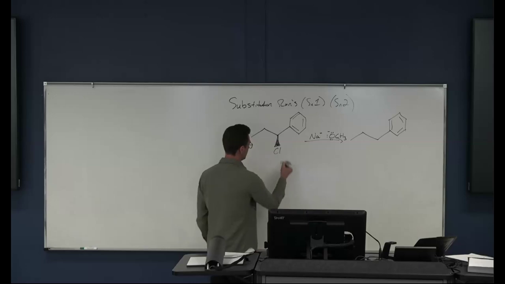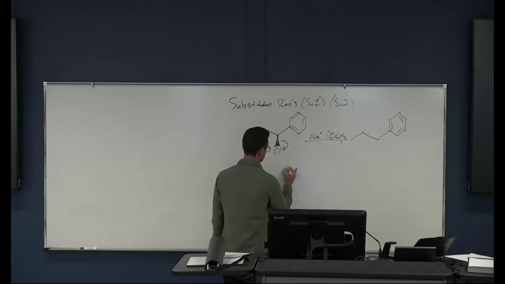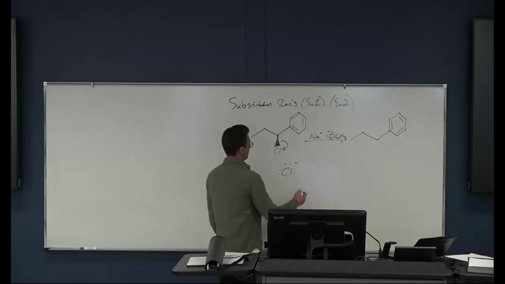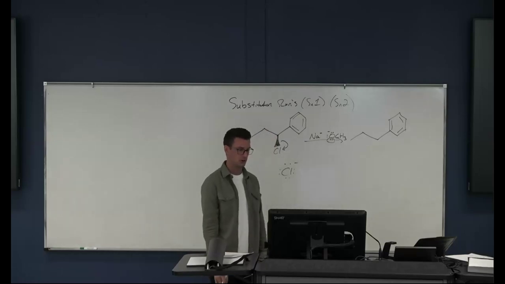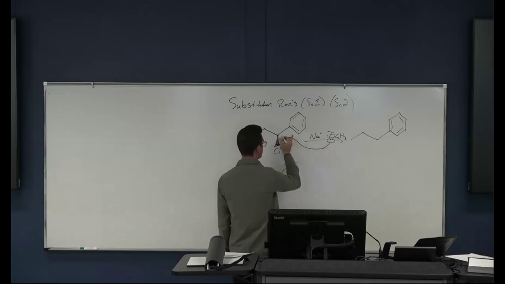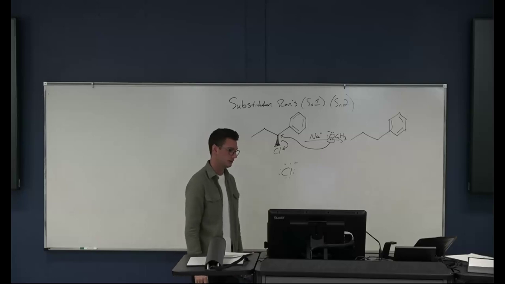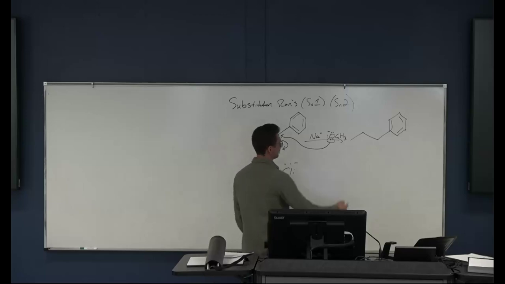The leaving group is going to leave and go onto the chlorine itself, so that's going to exist as a monatomic ion in solution now. And then the lone pair on your nucleophile is going to come in and make a bond with that carbon that had the leaving group on it.